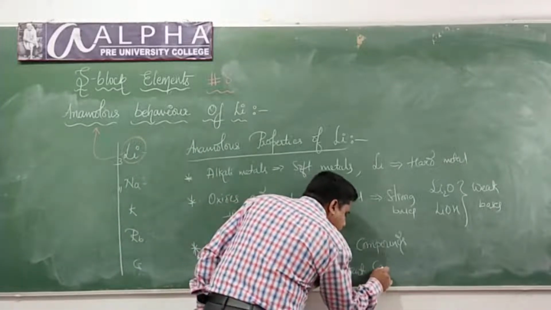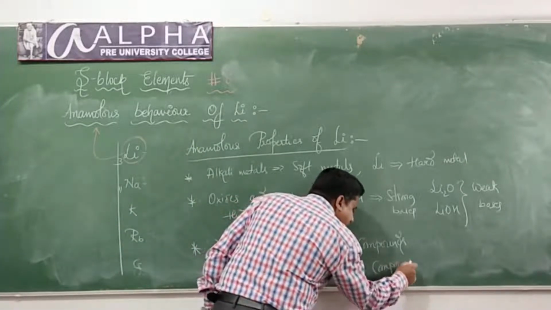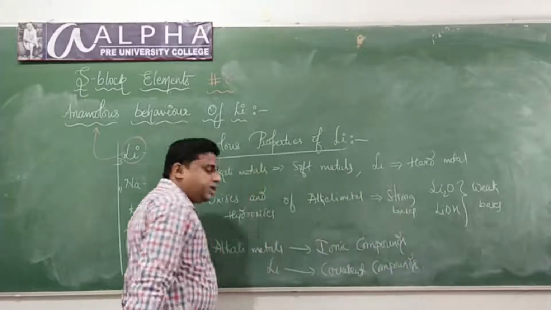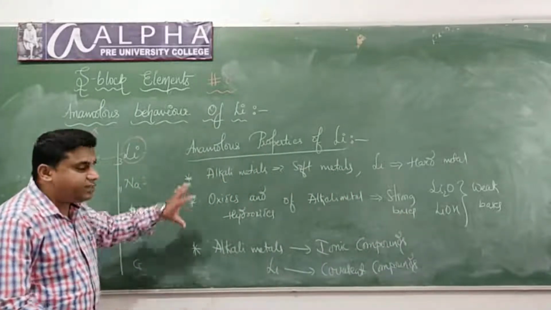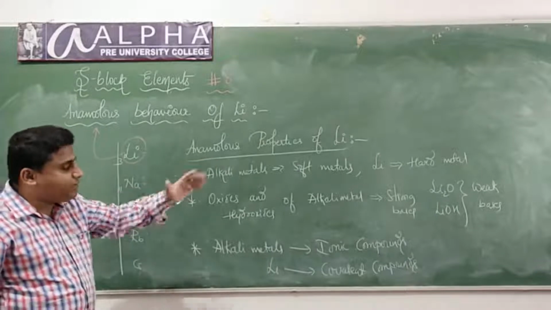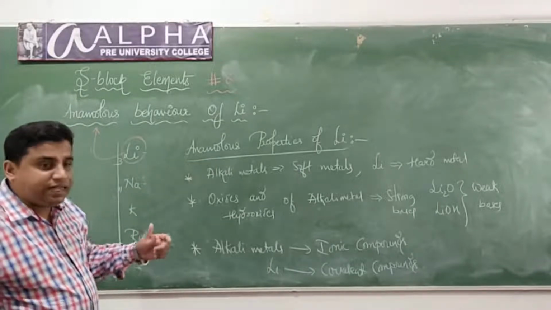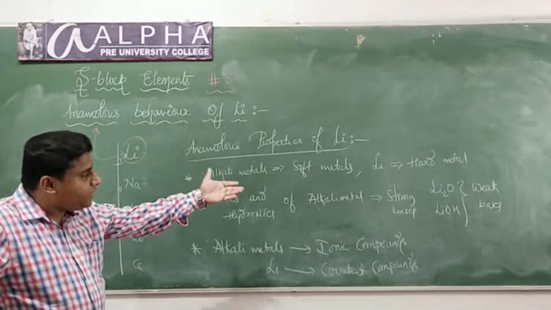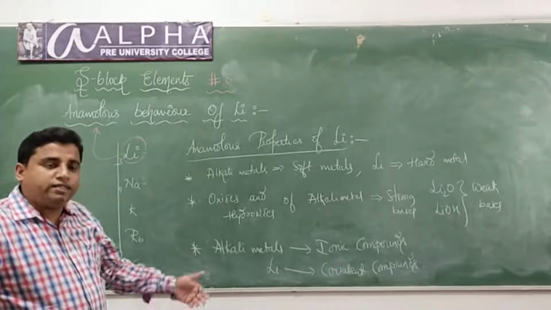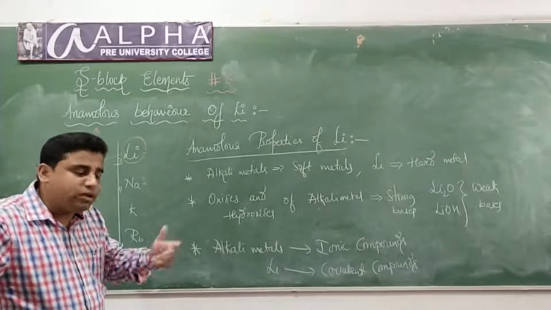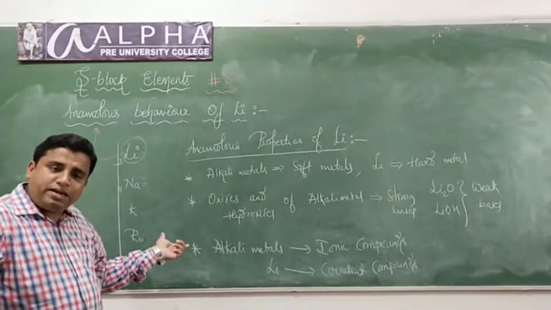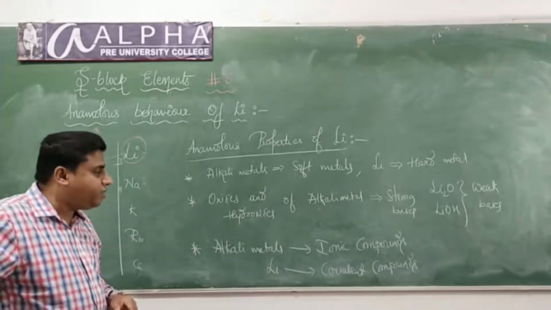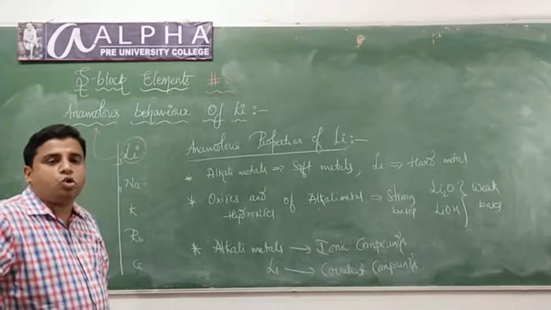Covalent compounds. The compounds of lithium are primarily covalent in nature. Are you getting the differences here? Alkali metals are soft metals, whereas lithium is a hard metal. Oxides and hydroxides of alkali metals are strong bases, whereas lithium oxide and lithium hydroxide are weak bases. Alkali metals predominantly form ionic compounds, whereas lithium forms what?